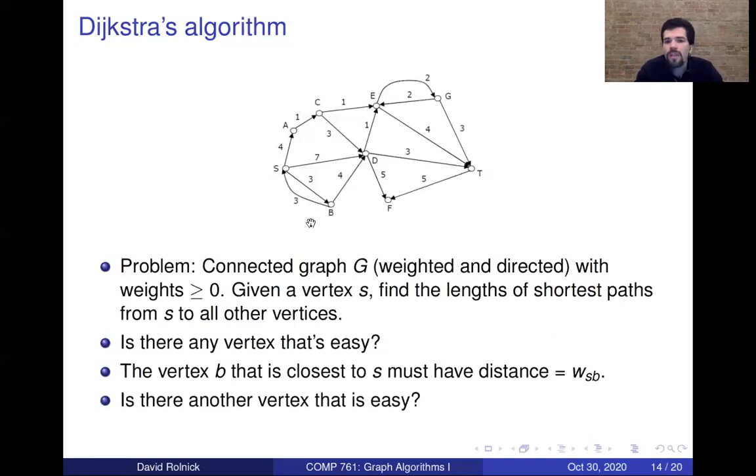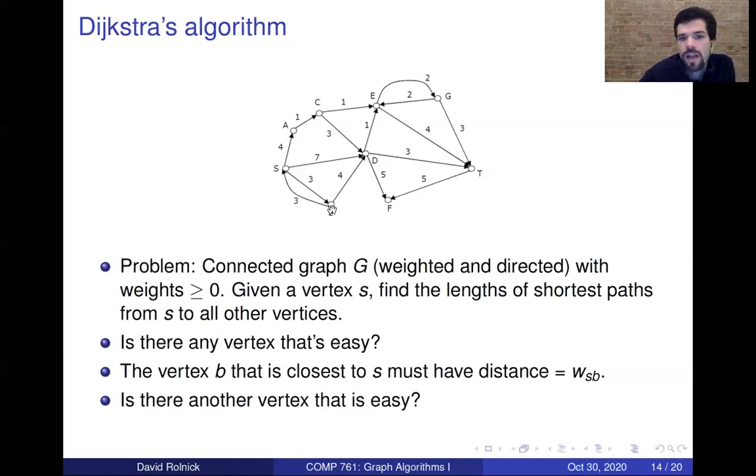So now we've got this, is there another vertex that's easy-ish? Can we just take the second shortest distance? No, we can't just take the second shortest distance because, suppose there wasn't an A. Suppose the second shortest distance were like this one, 7.